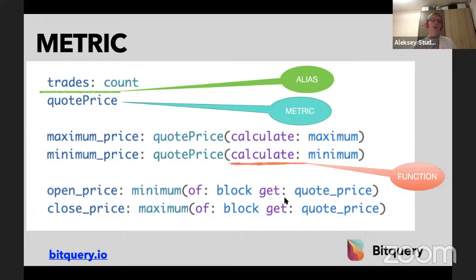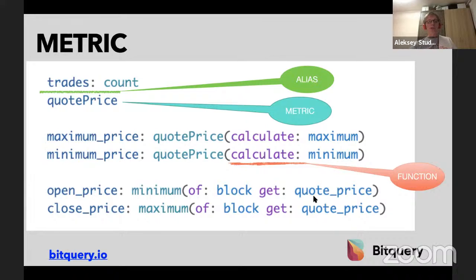It means that we want to have the quote price for the minimum of all blocks in the aggregation. So here we get the open price. And again, we are using the attributes as functions. So literally, we consider this line of code as: give me minimum and apply function of with argument block and function get with argument quote price.